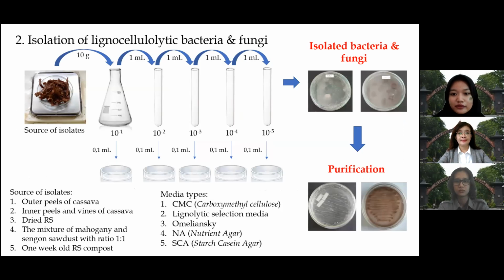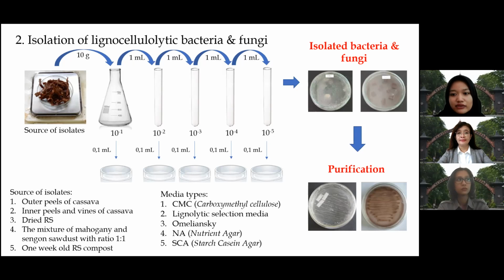The second step was the isolation of lignocellulosic bacteria and fungi from all the sources using a serial dilution of physiological saline solution. Then we inoculated the sample using the spread plate method to 5 types of media that were carboxymethyl cellulose, lignolytic selection, Omeliansky, nutrient agar, and starch casein agar media.